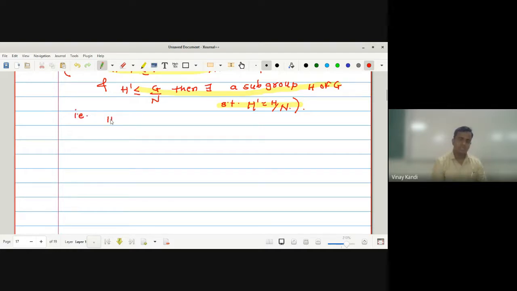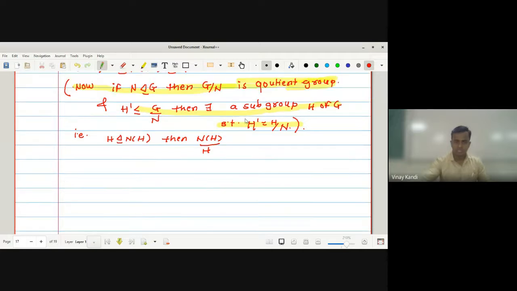Here H is normal in N of H. Okay, H is normal in N of H. Then N of H upon H, we have to use this same result, the above result.